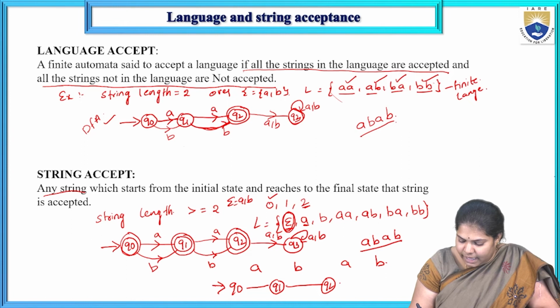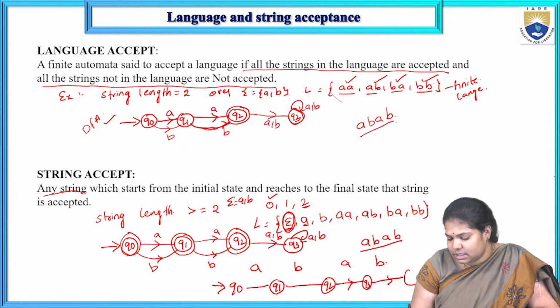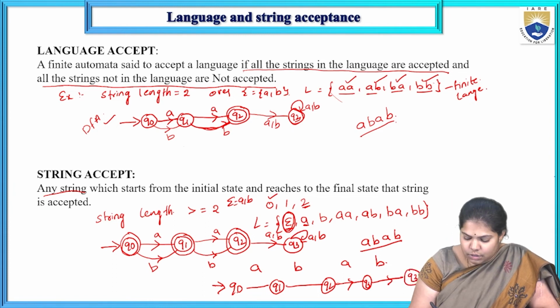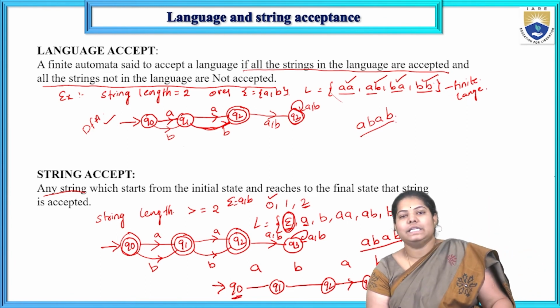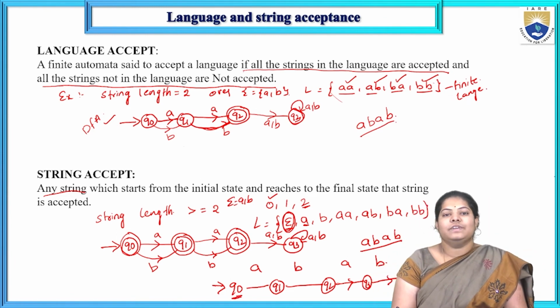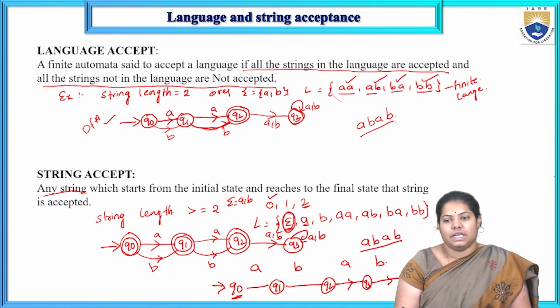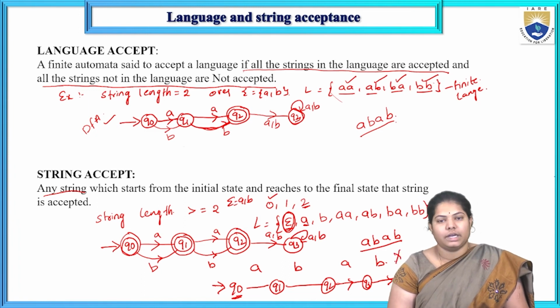On seeing A again, I reach a state called Q3, and on seeing B again, I reach Q3. So I start with the initial state Q naught and end with the Q3 state, which is not a final state. Therefore this string is not accepted.